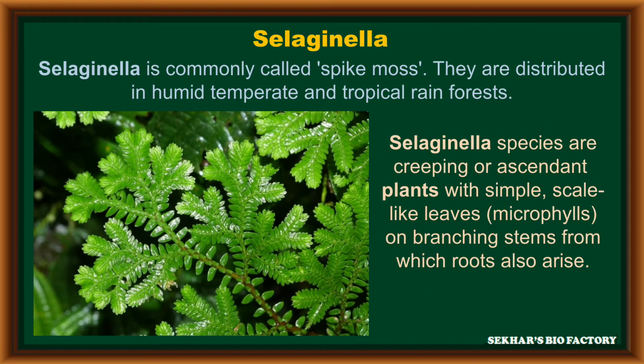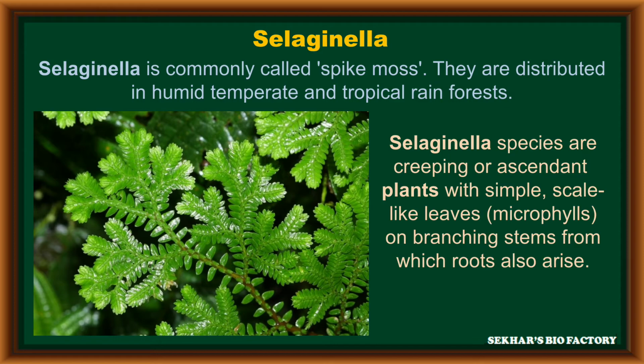The second example, Selaginella. Selaginella is commonly called spike moss because it is distributed in humid, temperate and tropical rainforests.